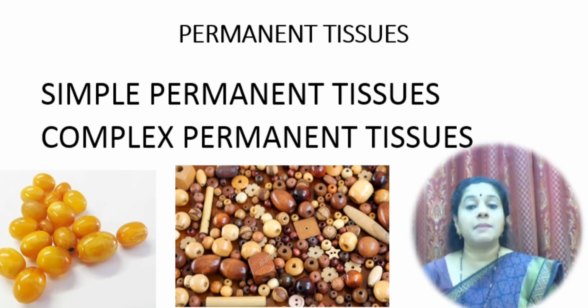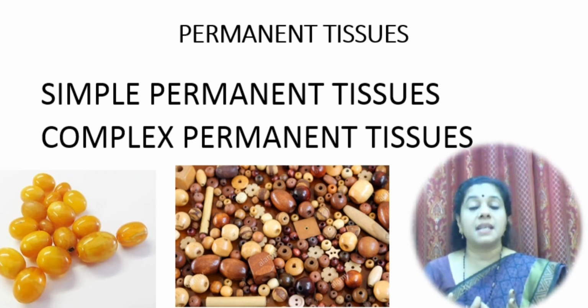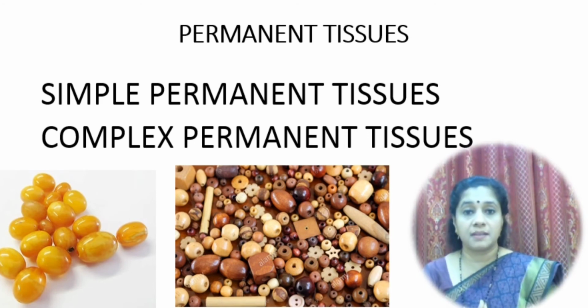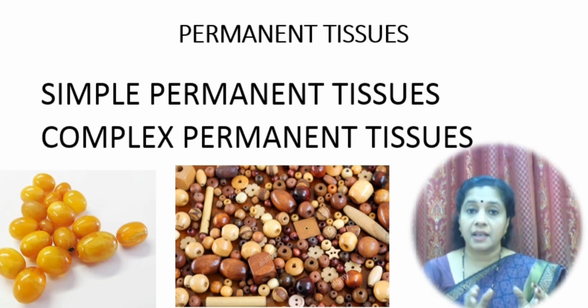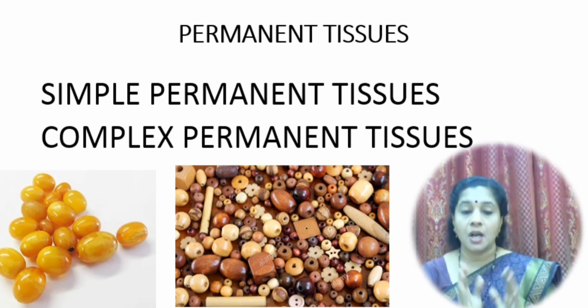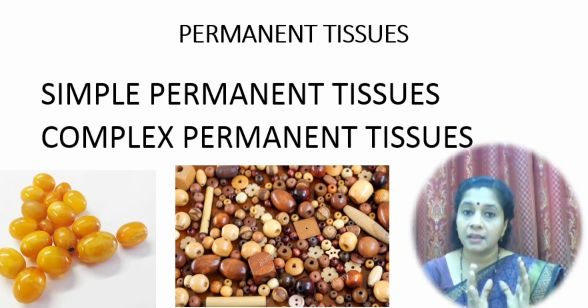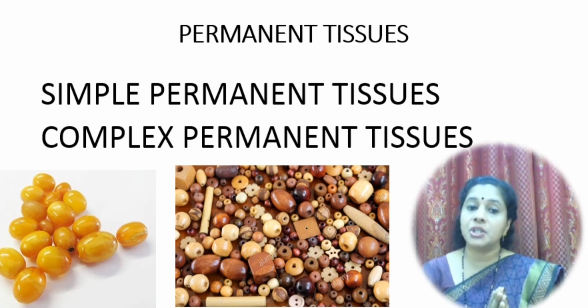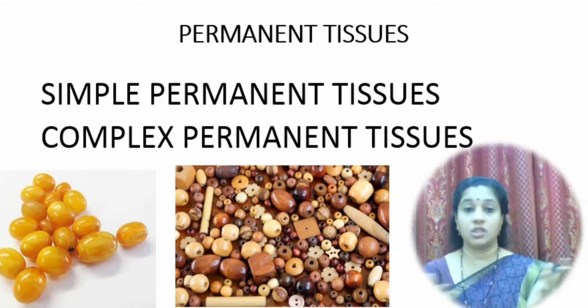So different types of beads are there. So tissues are also like this. If the first category, if all the cells are alike, suppose each bead is considered as a cell. All cells are similar in a collection of cells or group of cells called tissues, then that tissue is considered simple. There is no complexity, they are all alike.